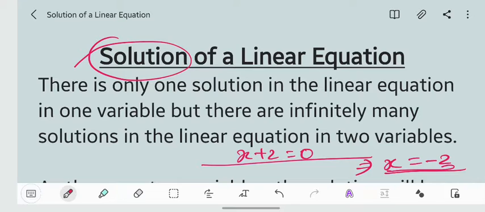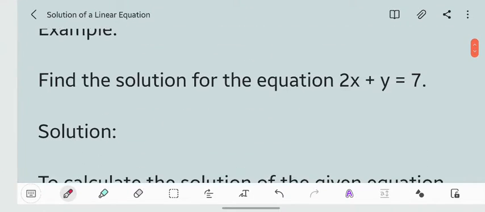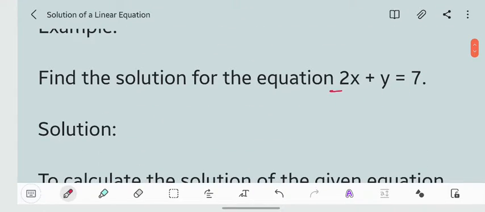The reason behind getting an infinite number of solutions is the way we write the given equation. So let's take the equation 2x plus y equals 7. We are using two variables here. One is x, another is y. In this equation, we have two ways of writing: x in terms of y, or y in terms of x, depending upon our comfort and the values we will be getting in order to plot it on the graph.